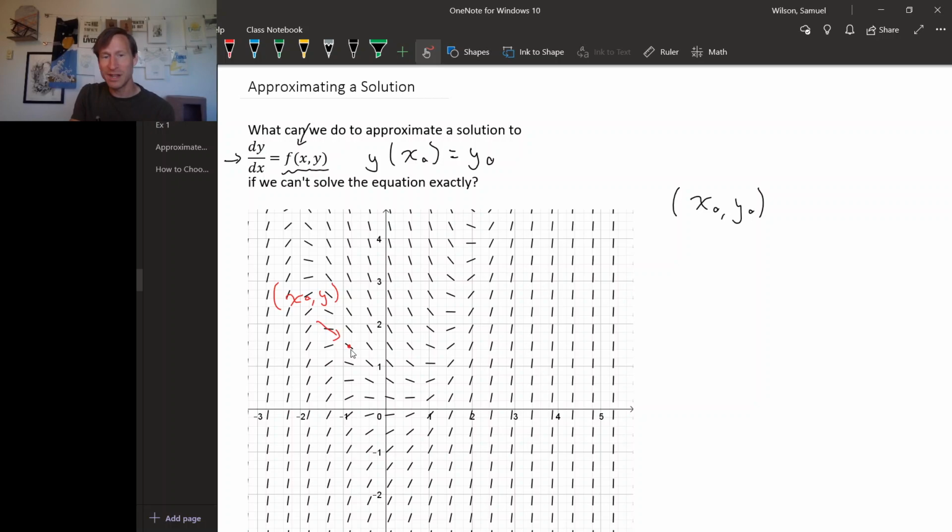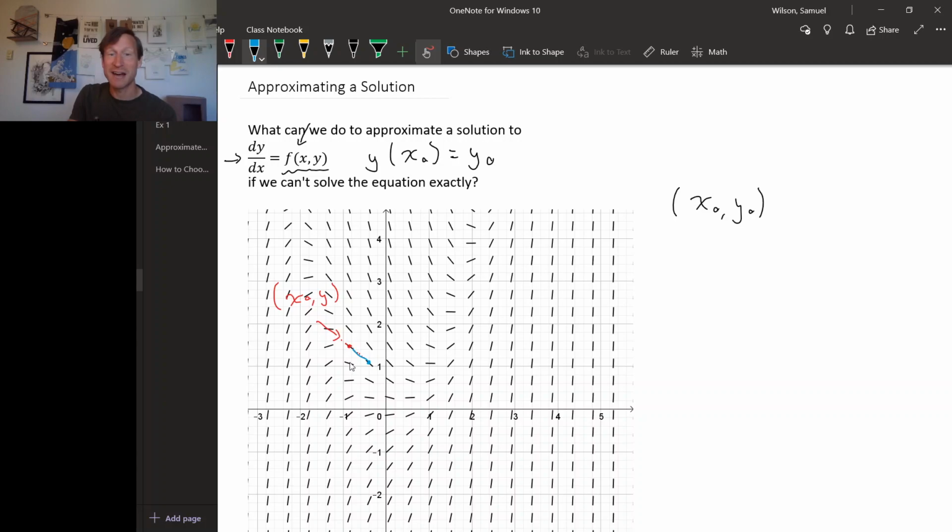We don't know what the solution is through this red point, but we do know that its tangent line at this red point has to be in the same direction as the little line element that the point is sitting on. So one thing we could do is just follow this tangent line for a while. If we follow this tangent line for a while, we're going to end up at some other point down here.